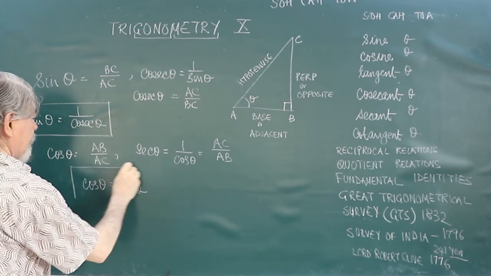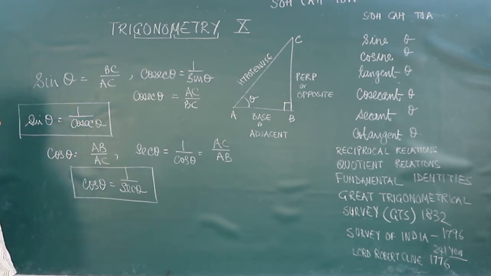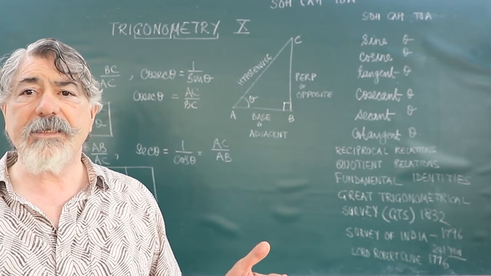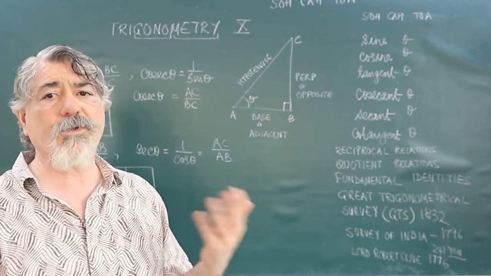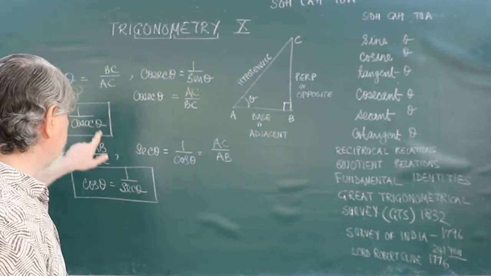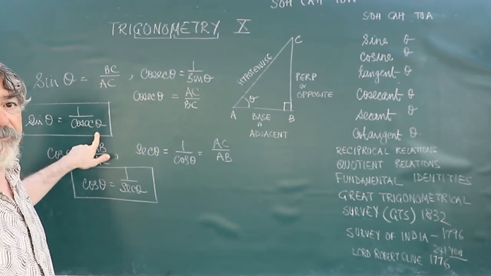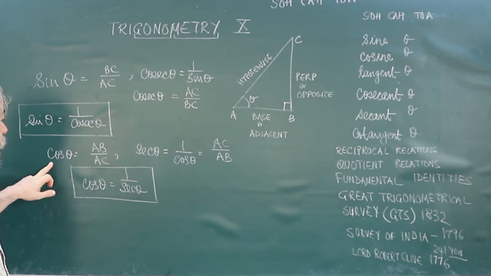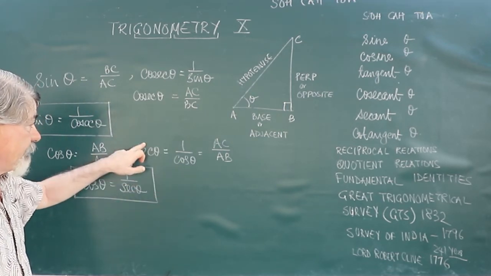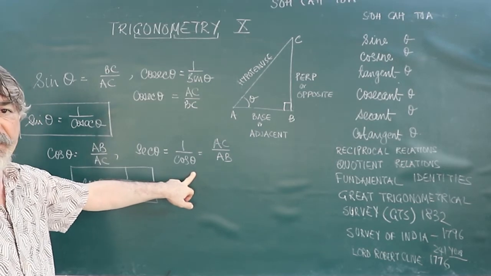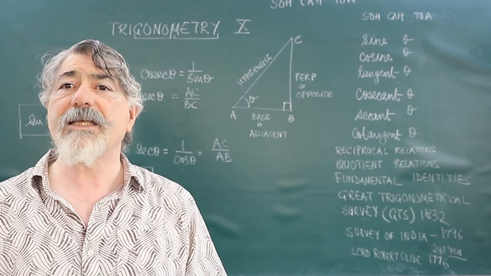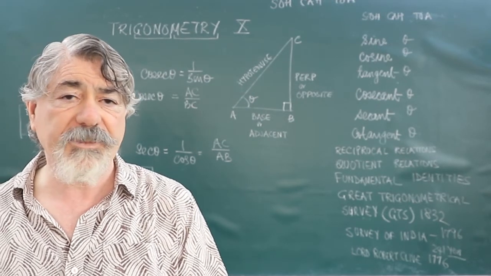Sin theta is 1 upon cosec theta, or cosec theta is 1 upon sin theta, one and the same thing. Cosec can be taken up, sine can be brought down. Similarly here sec is 1 upon cos theta, or cos theta I can bring, it will become 1 upon sec theta. So sec and cos are reciprocal of each other, sine and cosec are reciprocal of each other.